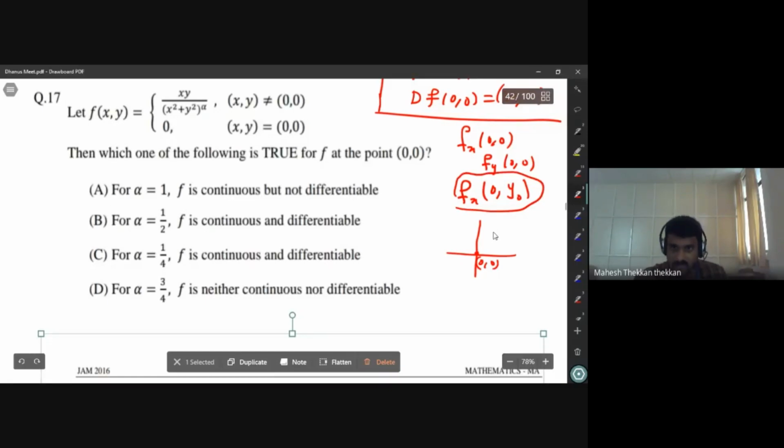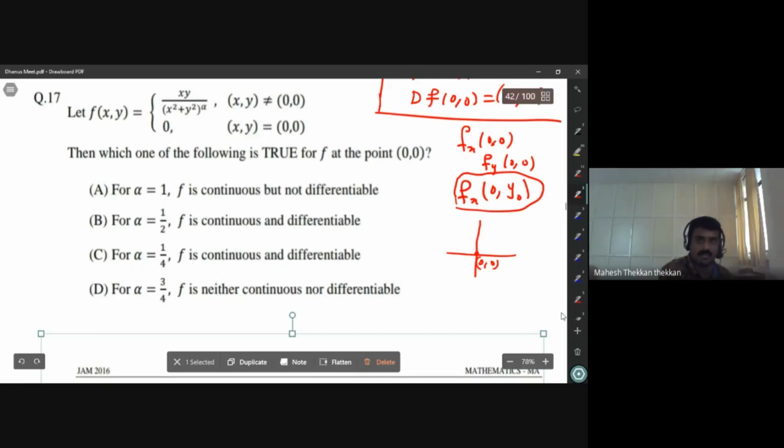Similarly, the partial derivative with respect to y does not exist on the x-axis other than the point 0, 0. Whatever neighborhood you take of 0, 0, there will be points where the partial derivative does not exist.